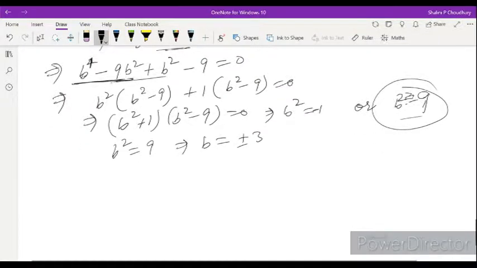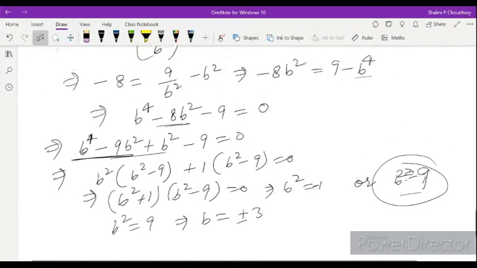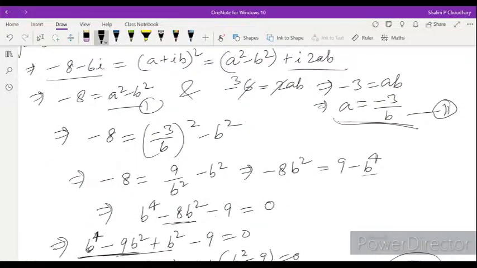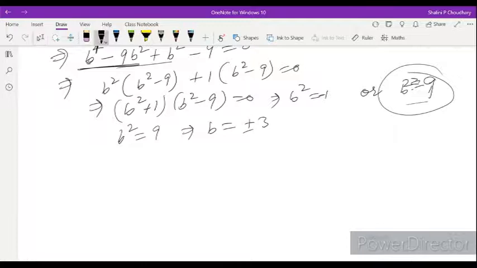Now we have to find out the value of a. The value of a is -3 upon b, and the value of b is plus minus 3. So first of all we'll take b = 3. If we take 3, we'll get a = -1.